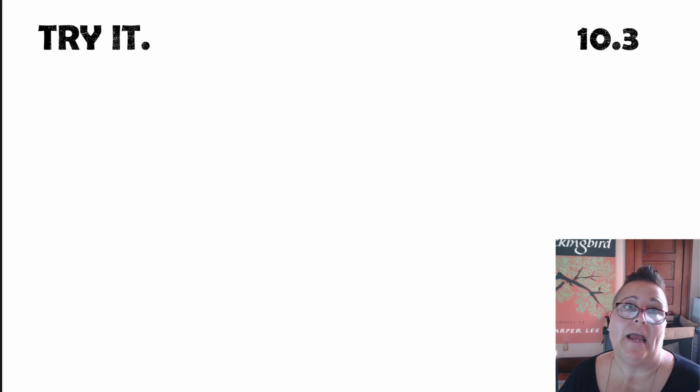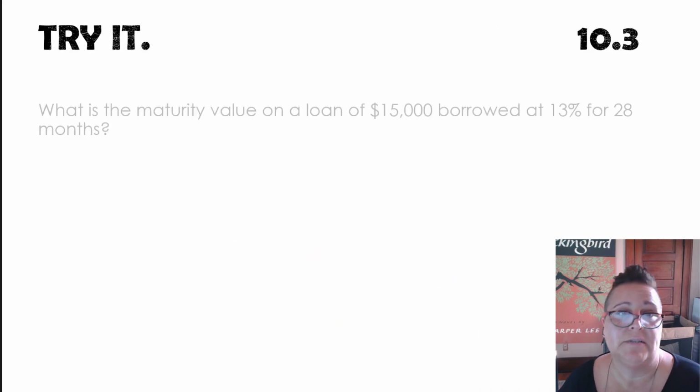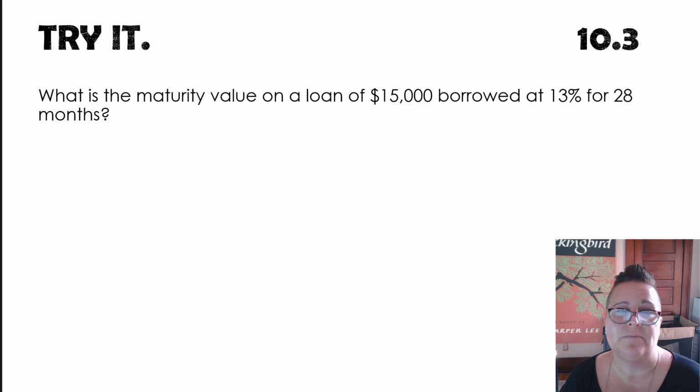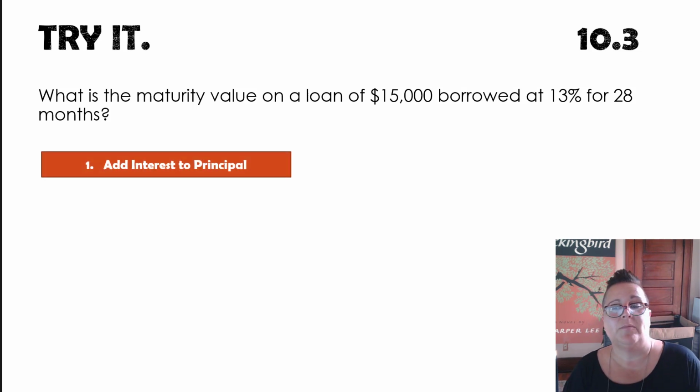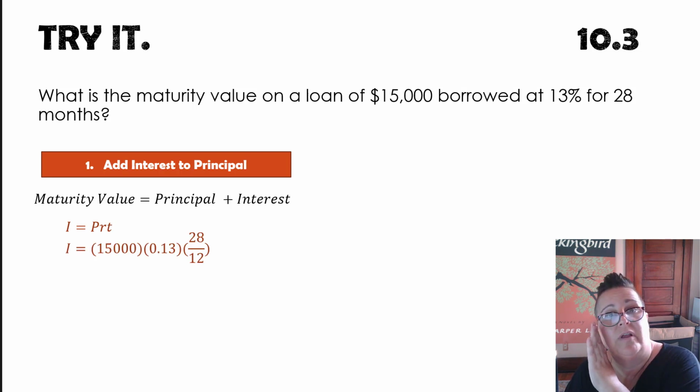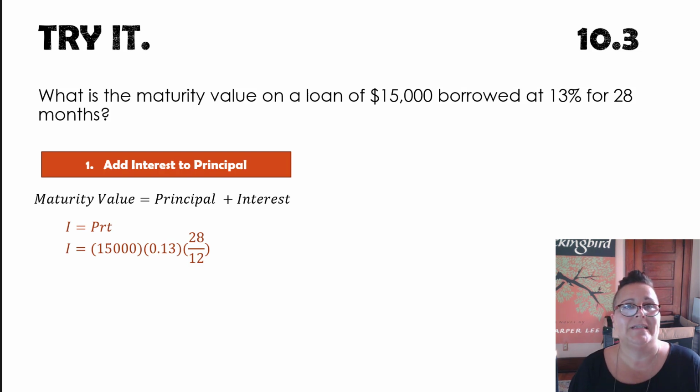A problem to try, I'm going to do it both ways in this particular instance. What is the maturity value on a loan of $15,000 borrowed at 13% interest for 28 months? So in the first example, I'm going to add the interest to the principal. So maturity value is principal plus the interest. I know interest is principal times rate times time, or principal of 15,000 times 0.13, that's 13% as a decimal, for 28 months.